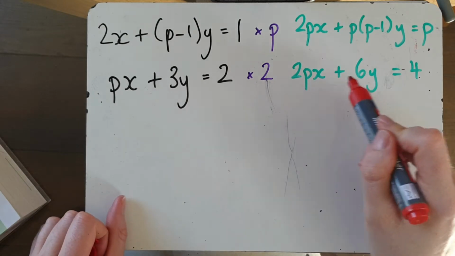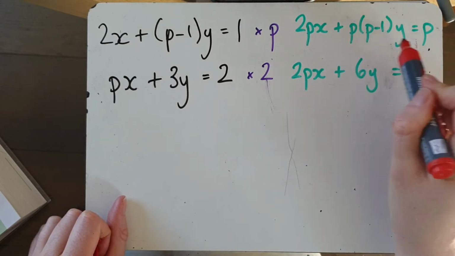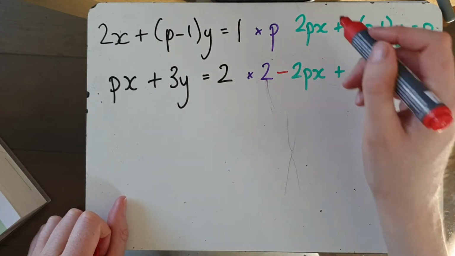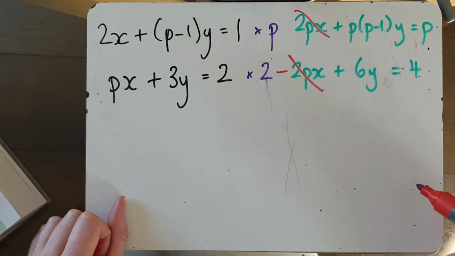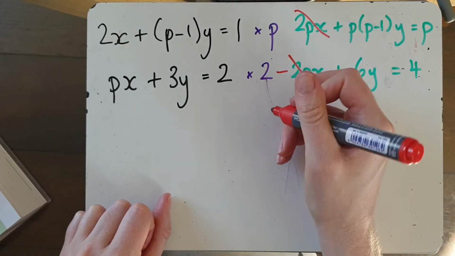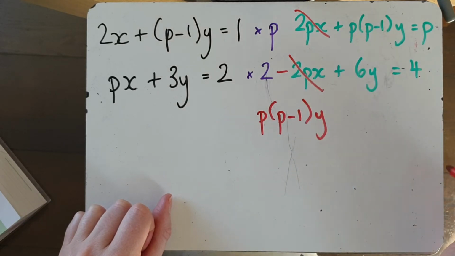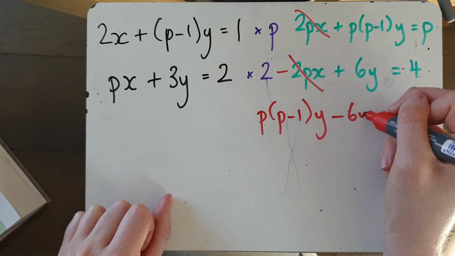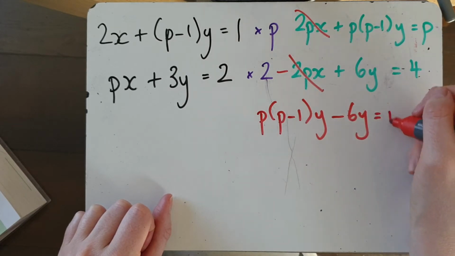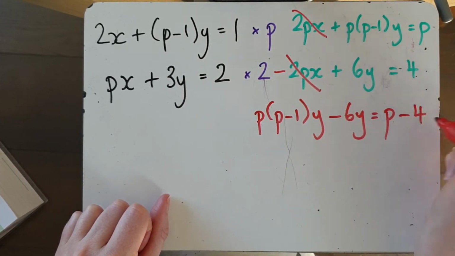If I then subtract this one from this one, 2px cancels. I'm going to have p into (p minus 1)y minus 6y, and then I'm going to have p minus 4.